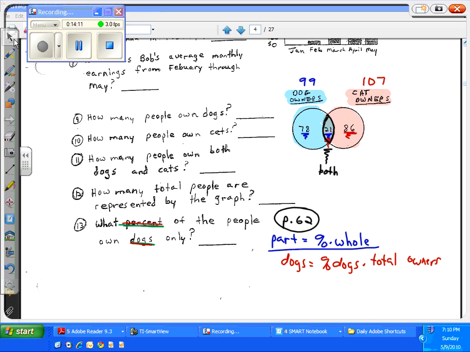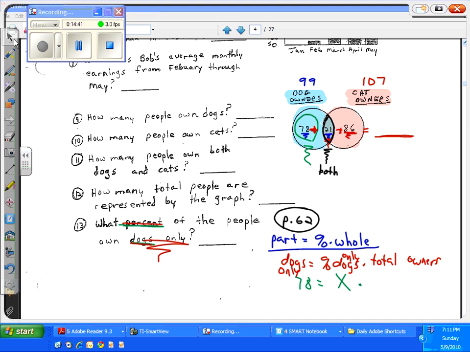And so we would put the dog only is equal to percent dog only. This was dog only. I should have put, see, percent dogs only, more specific. And the total owners would be the dog only plus the both plus the cat only.